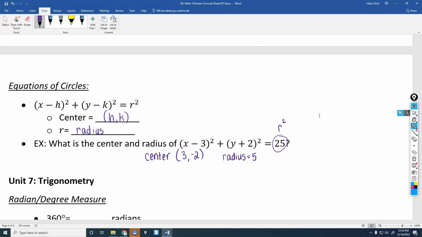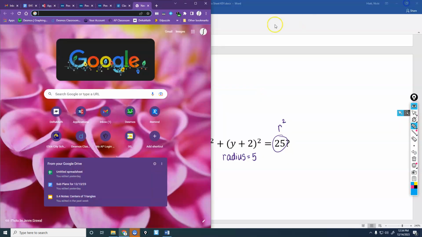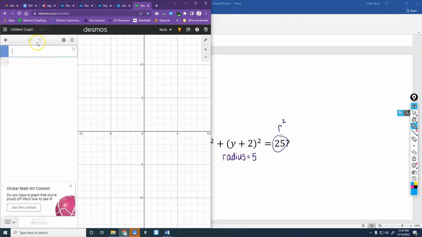In fact, I think Rylan almost started typing when I asked that question. So what I would encourage you to do on the exam, even if you feel pretty good about this, is that you have a really long time to take this exam, so go to Desmos, take the time, and type it in.